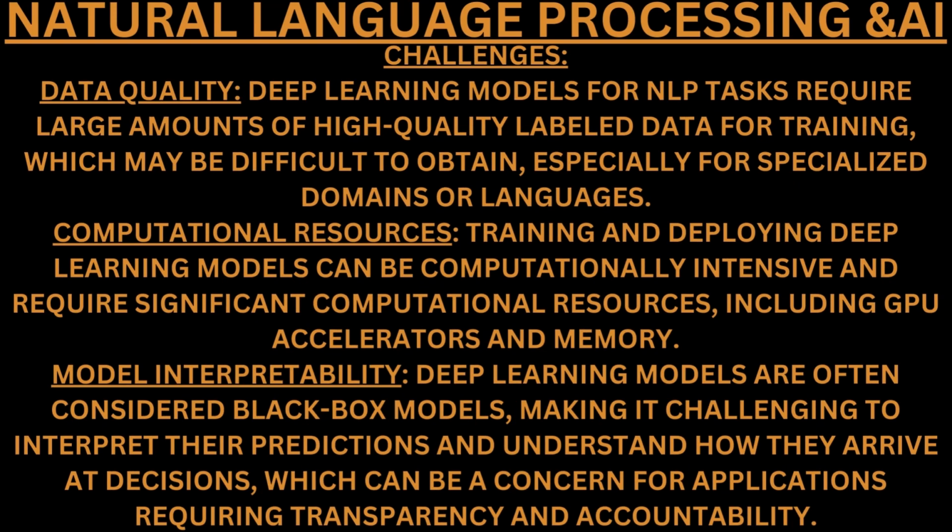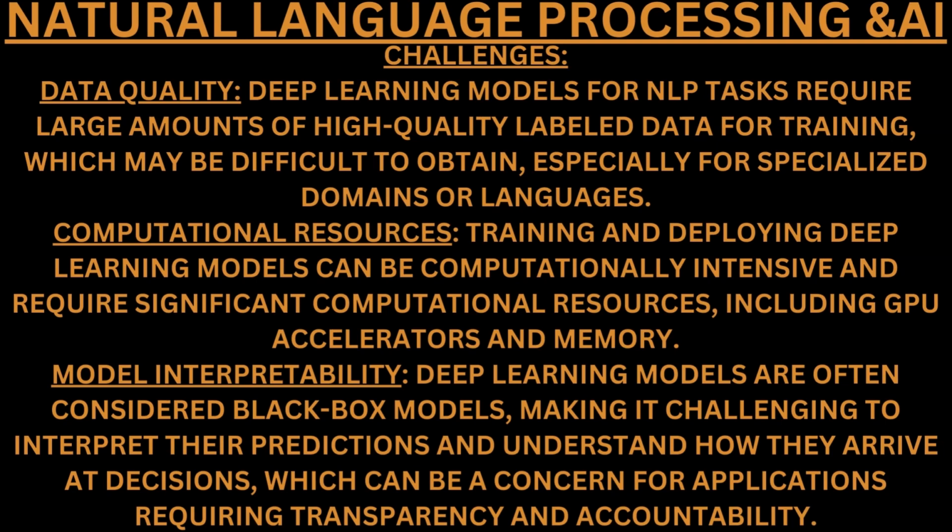Deep learning models for NLP tasks require large amounts of high quality labeled data for training, which may be difficult to obtain, especially for specialized domains or languages. Computational resources. Training and deploying deep learning models can be computationally intensive and require significant computational resources, including GPUs, accelerators, and memory.